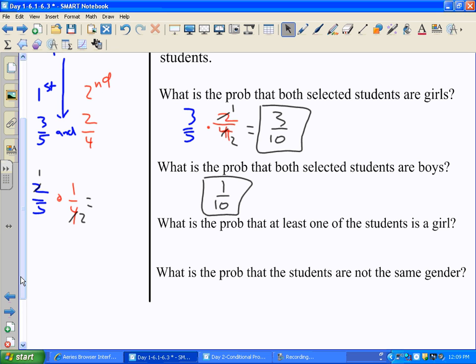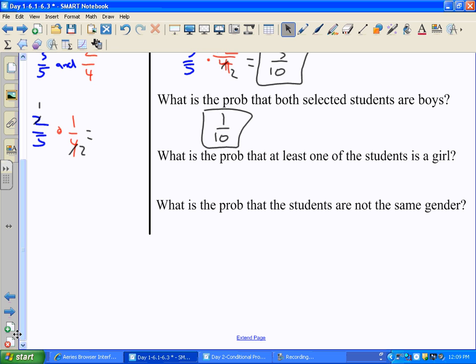Because the idea of complement, it's either this or it's not that. That's a complement. So you're either both girls or you're not both girls. That's not truly the complement. Does that make sense? Because there's two things that can happen here that are both not girls. You can have a girl and a boy, or you can have a boy-boy. And we've only covered the boy-boy situation. Okay?